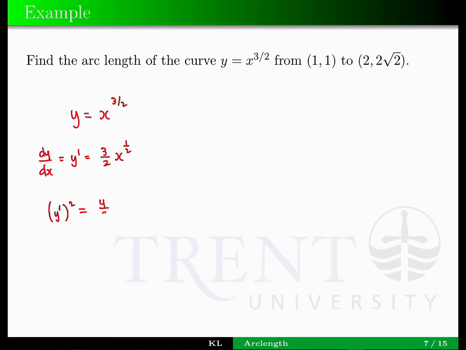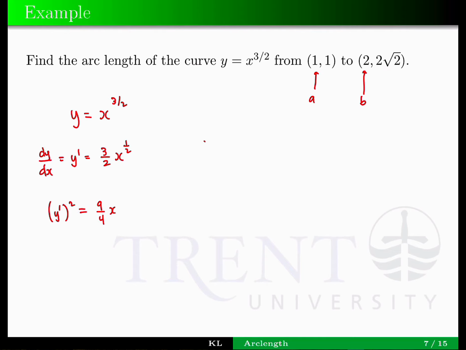This will be 9 over 4, the square of 3 halves, and then x raised to 1 half squared is just x. If you look at the points (1, 1) and (2, square root of 2), this will be your a and this is your b.